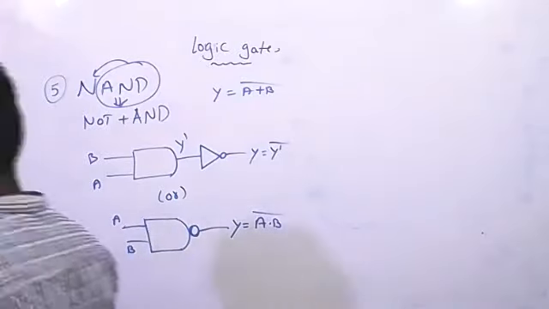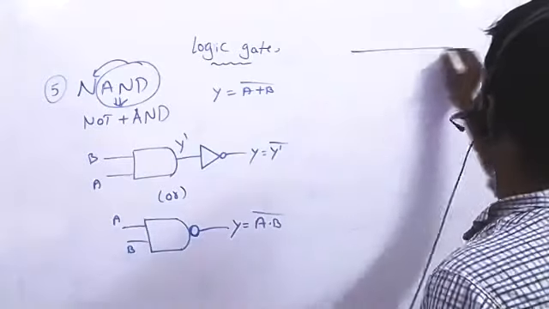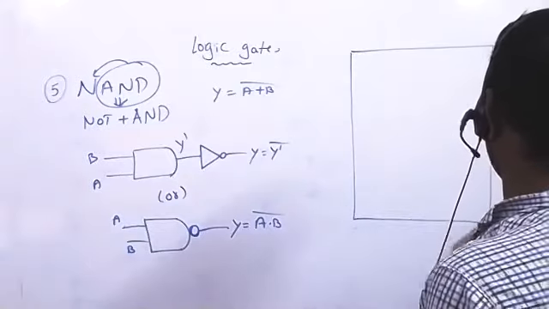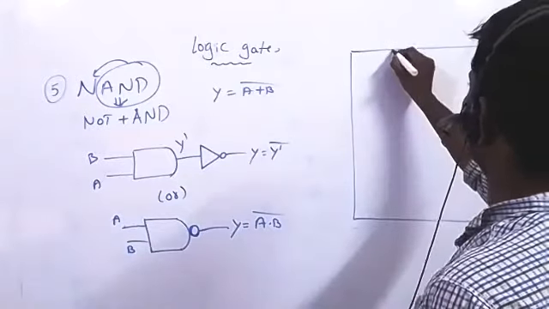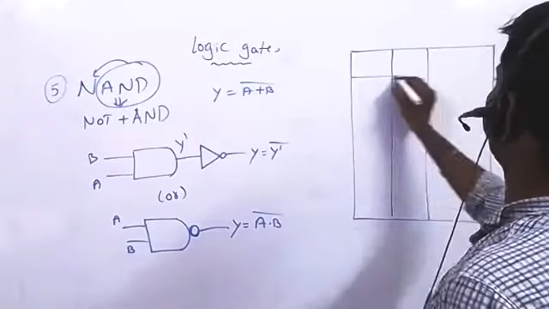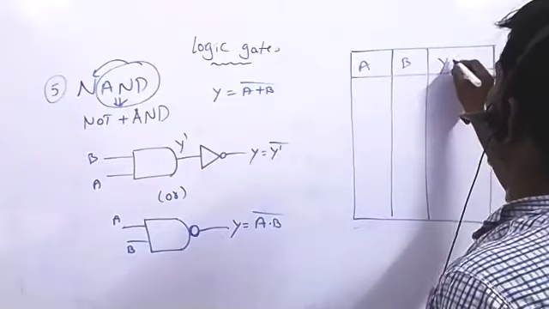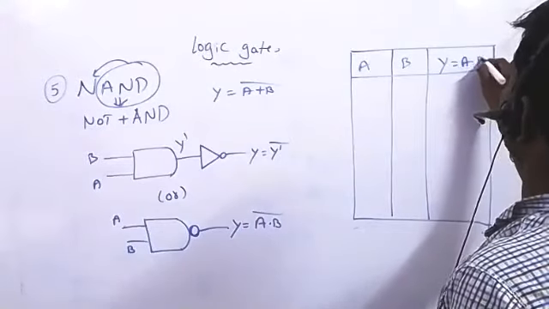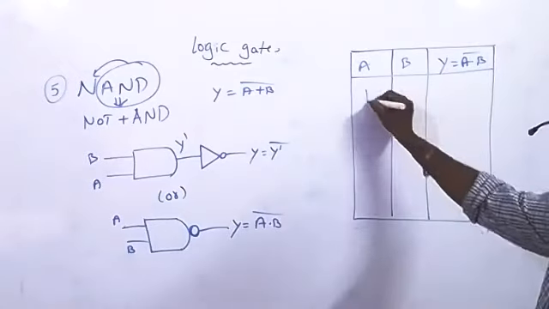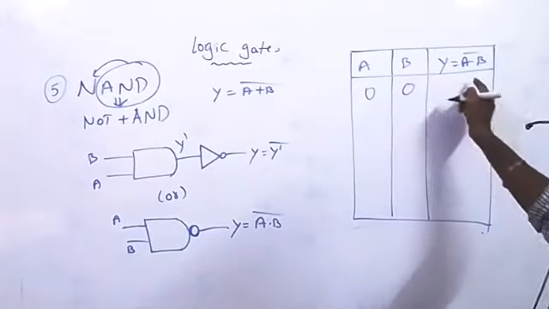We will see the truth table. Two inputs, one output. 0 and 0, what will you get here?